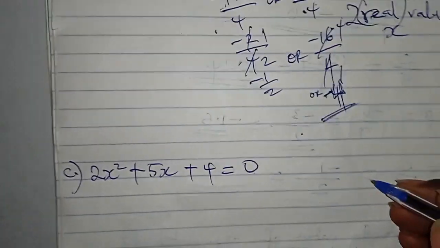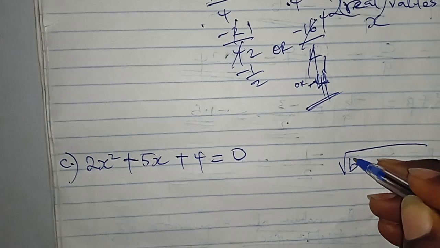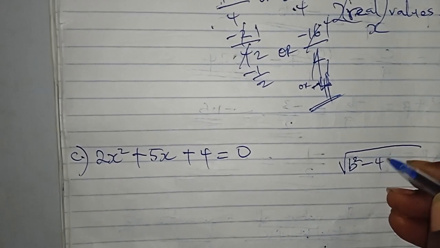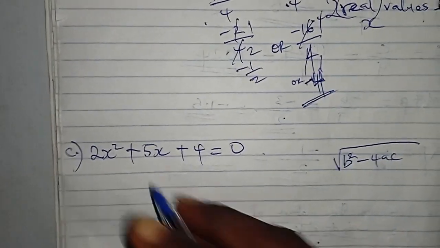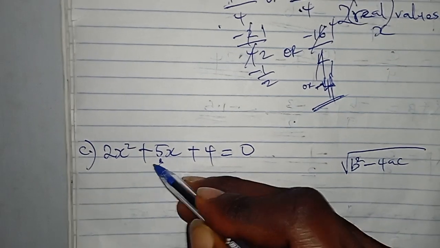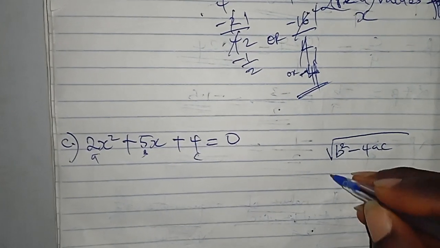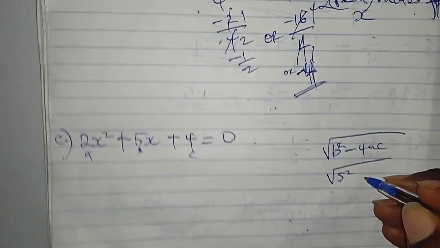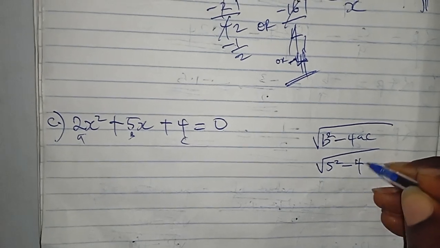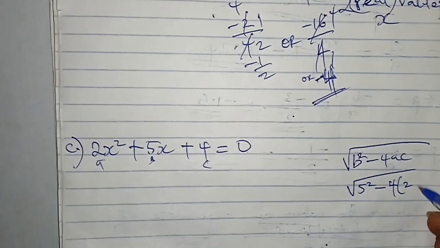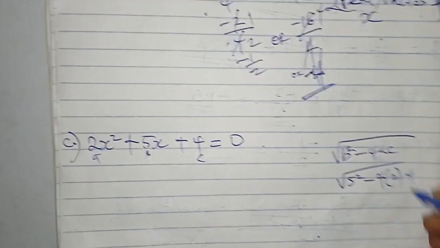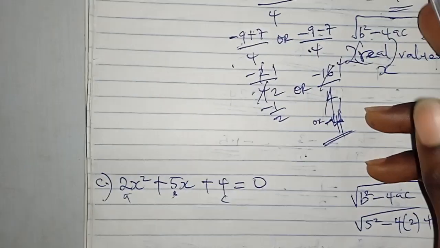Okay, you can very well see that this is going to give me root b square minus 4ac. Now this is b, a, c. So this is going to be the same thing as saying 5 square minus 4 into a is 2, then c is 4. The same thing we did here.